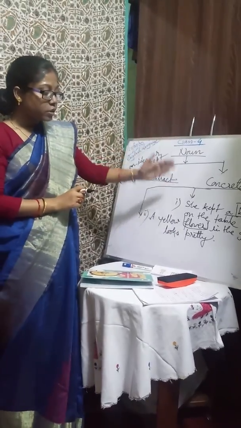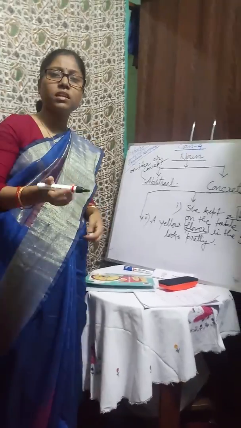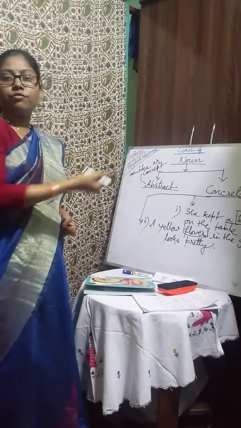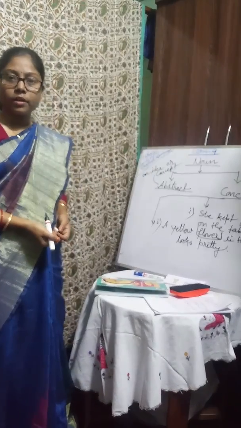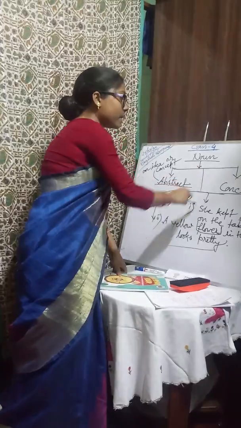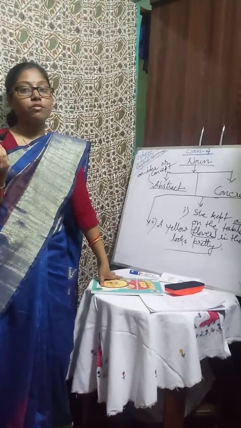So if we can use our senses here to understand which kind of noun it is, then it comes under the category of concrete noun. Clear? So this is the basic difference: in abstract noun, we cannot use our five senses.